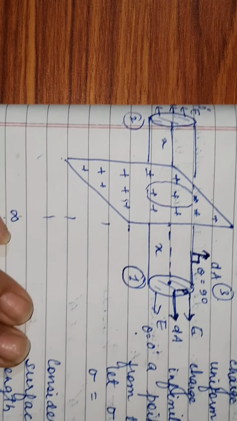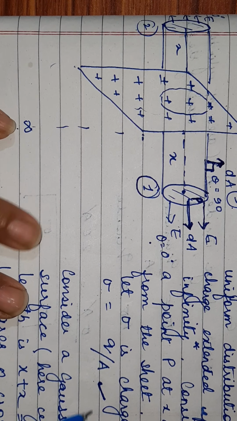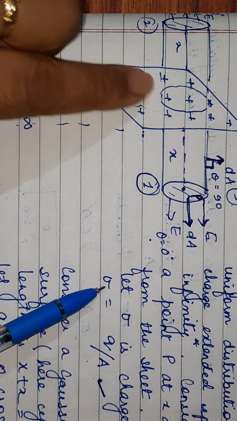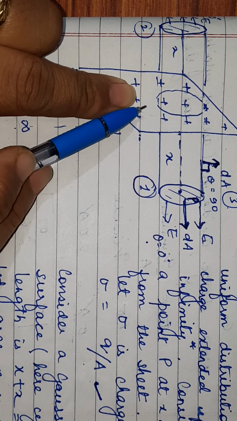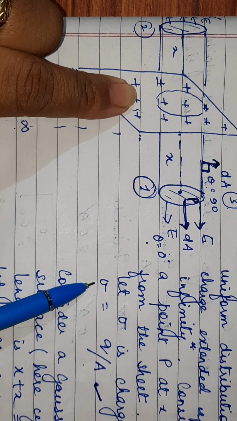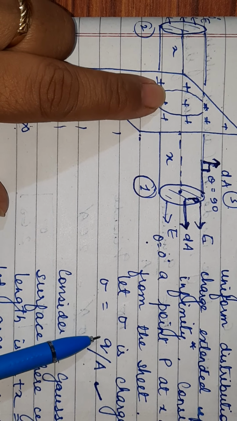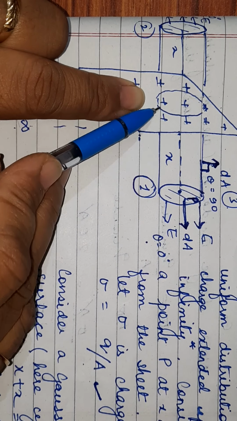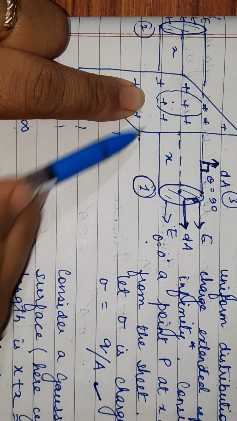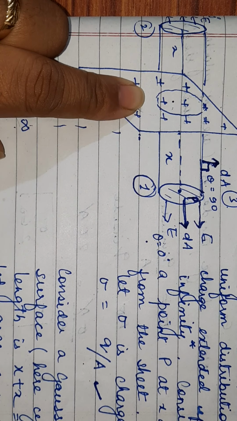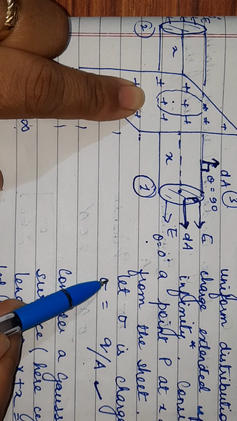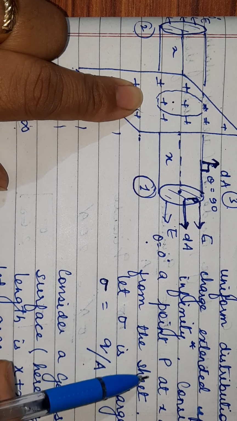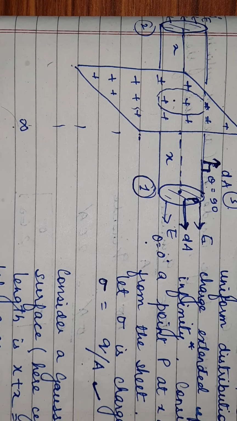We have already considered that sigma is the charge density, Q upon A. So in this area, the charge density will be Q inside this surface, and A will be the area of this region. Q is the charge inside this region, A is the area of this region, right? This is equal to sigma, and we know that it is uniformly distributed, so sigma will be the same.